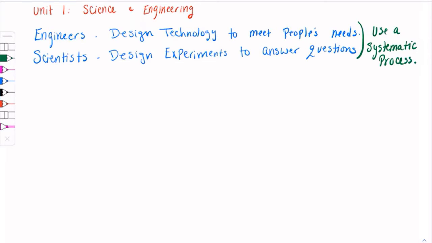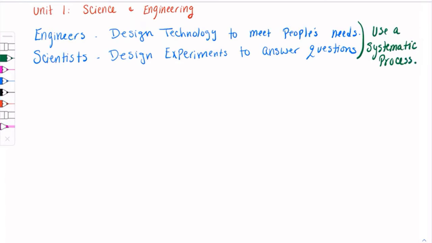And basically a systematic process is one where you have a step-by-step method to approaching your experiment or your development of design in technology. You're not just haphazardly doing things, you have a method to the approach and to the completion of your task.